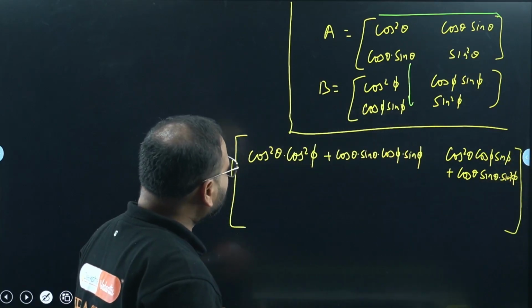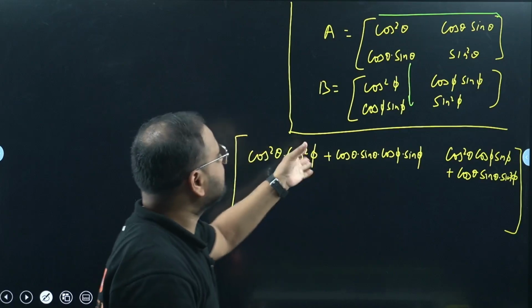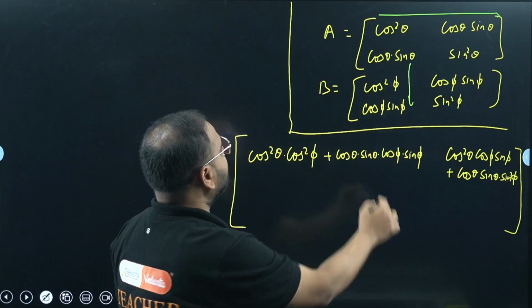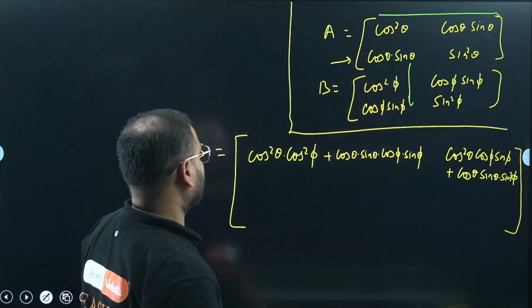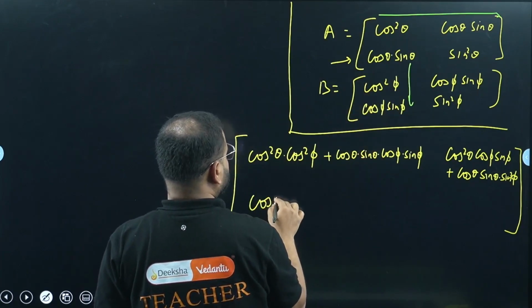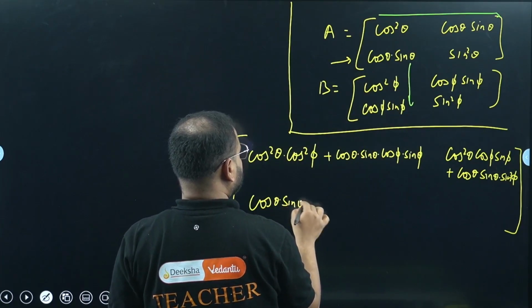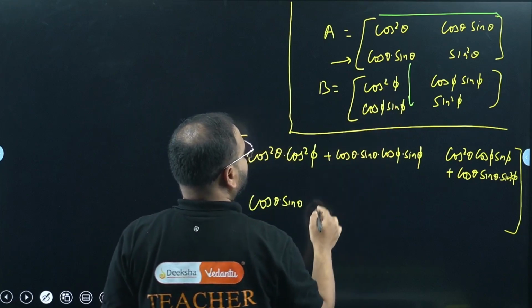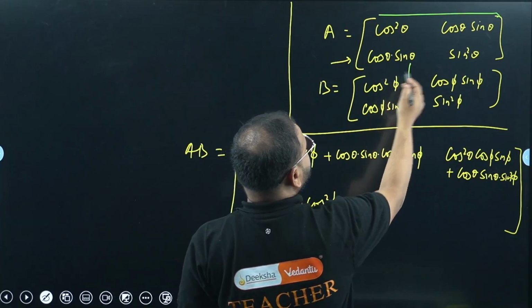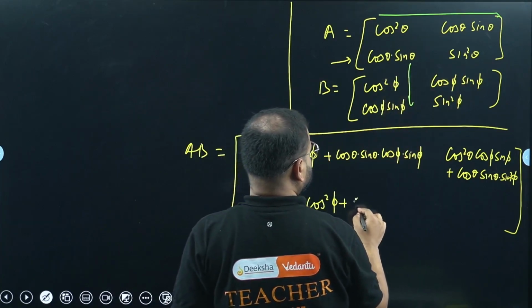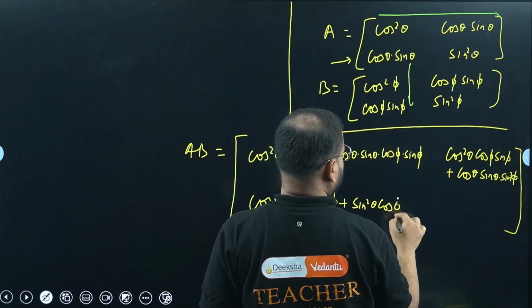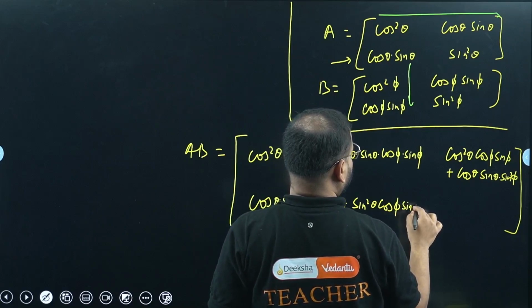Okay, little bit calculated, little bit complex, so we can solve it. Still we can try to do something over here. Now what? Second row with both the columns. So cos theta sin theta with this part cos square phi, and this again sin square theta with this part plus sin square theta with cos phi sin phi.